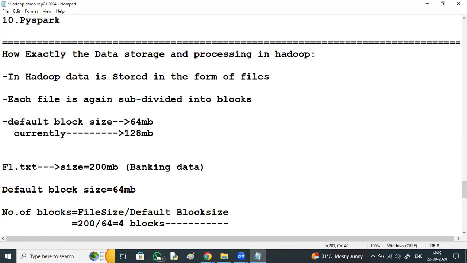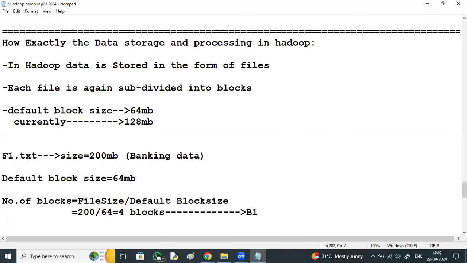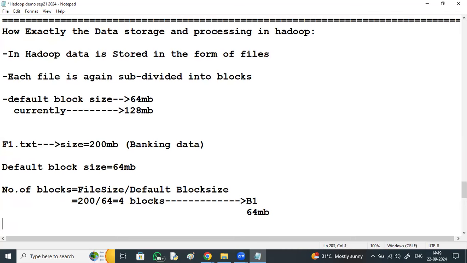Observe these 4 blocks. The B1 block of 64 MB is stored in slave 1, the B2 block of 64 MB is stored in slave 2.